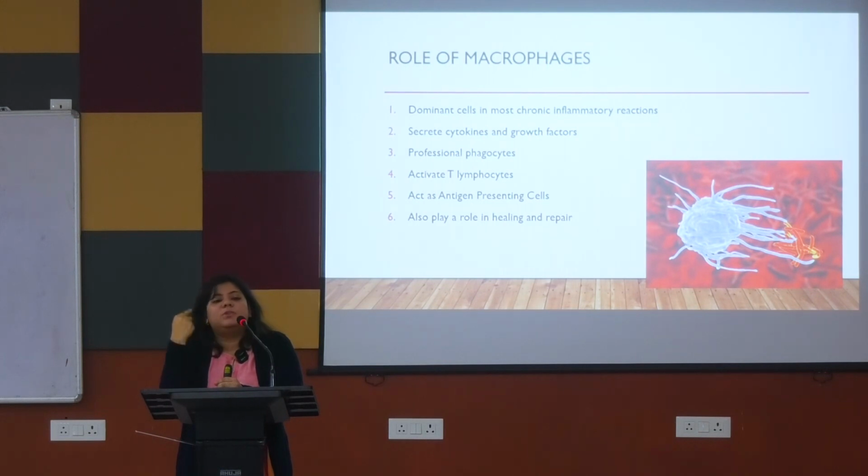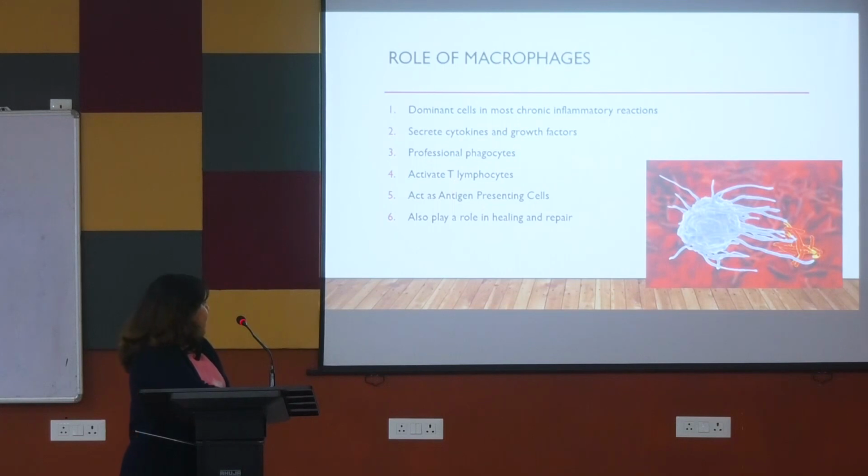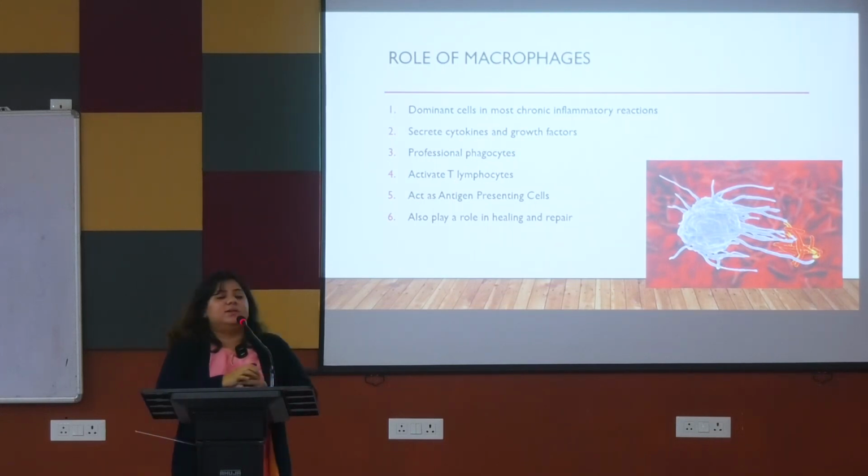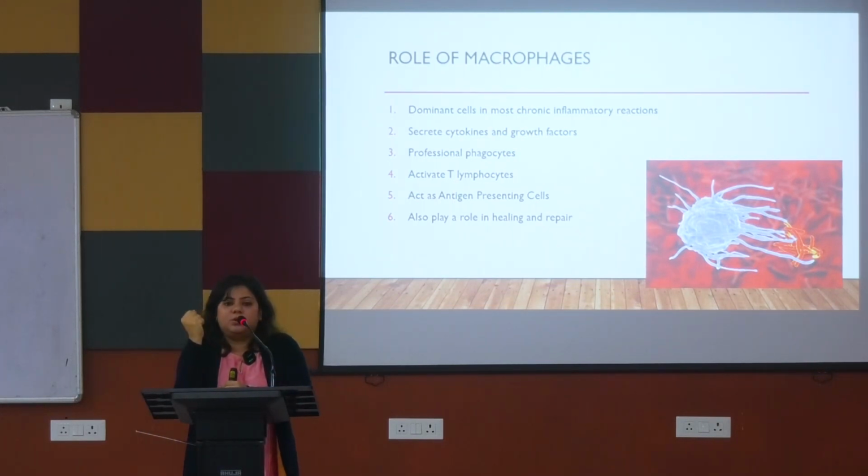Also, they will stimulate the T helper cells. This is called acting as antigen presenting cells. What it does is it engulfs the microbe, brings the antigen to the cell surface and it attracts T helper cells along with another factor.